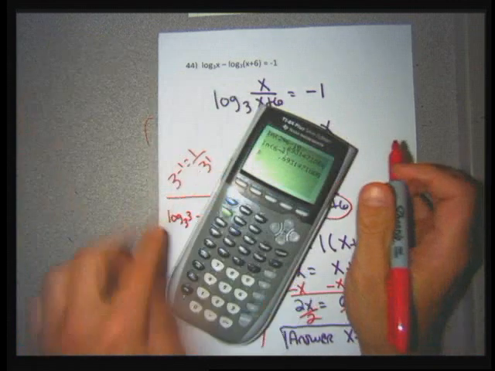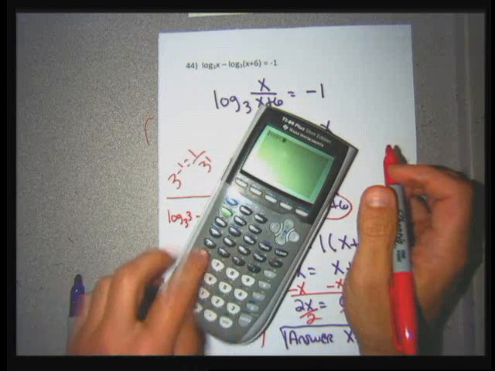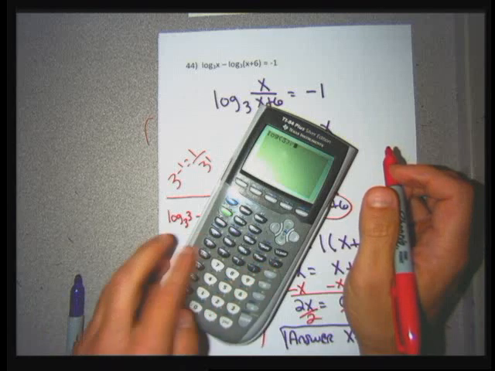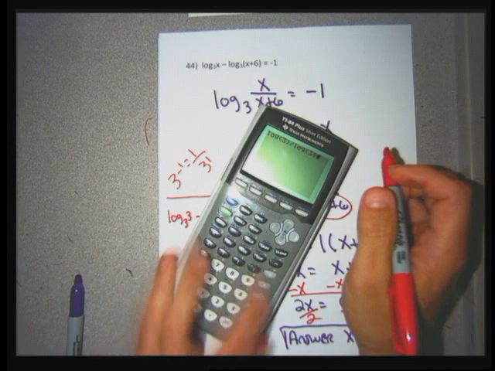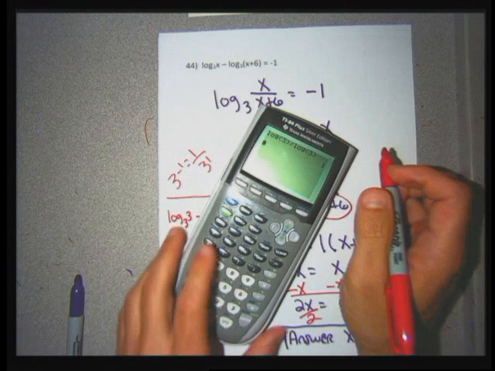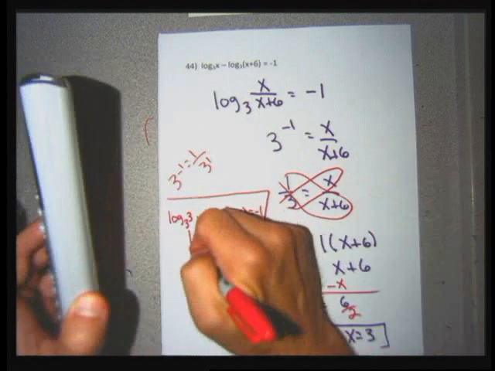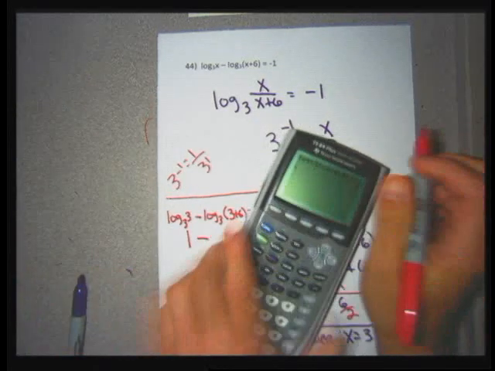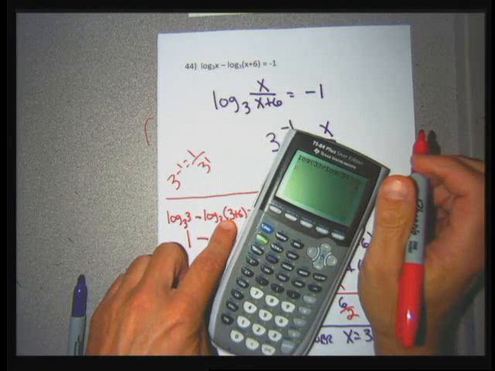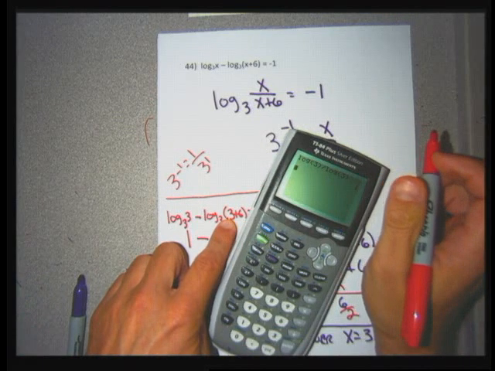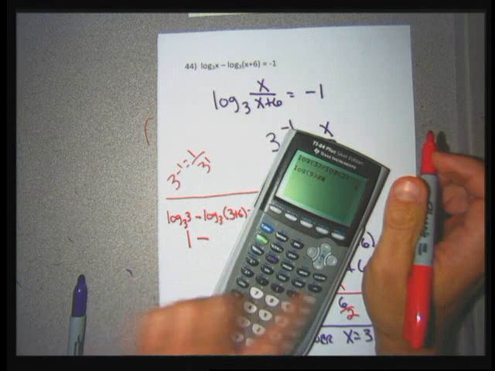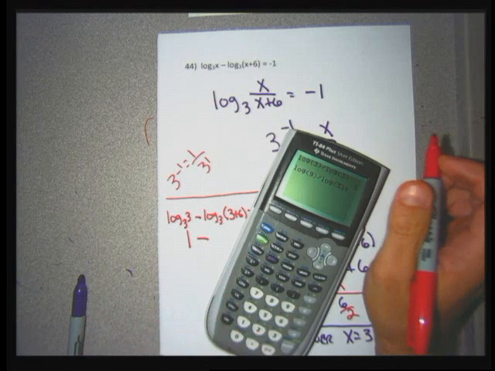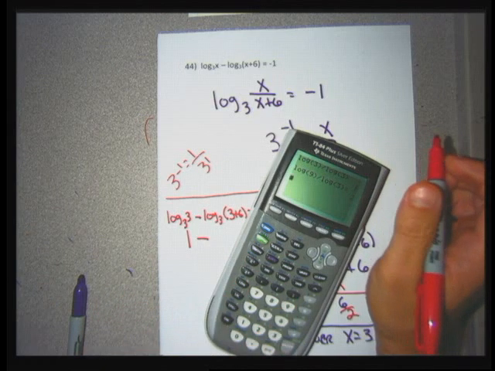So first logarithm, log base 3 of 3, I do log of 3 divided by log of 3. And that logarithm turns into a 1, so I'm going to change that to a 1, bring down the minus sign. And for this one, I'm going to do log of 9 divided by log of 3, because I could add 3 and 6 in my head. And when I do that logarithm, I get 2.